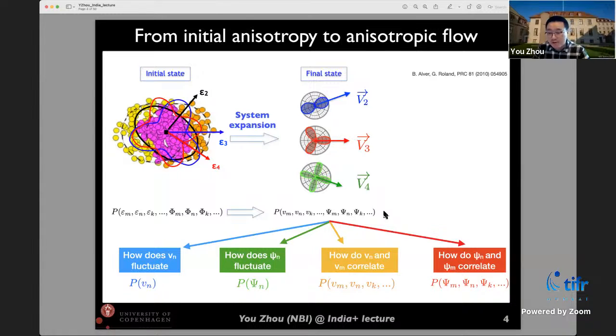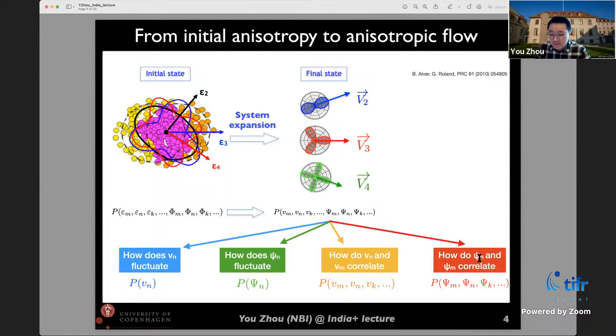So what we usually do is project onto a certain direction and study, for example, how does the flow coefficient vn fluctuate event by event? How does the flow symmetry plane fluctuate in different kinematics? And also, how do the different flow coefficients, vm and vn, correlate with each other?